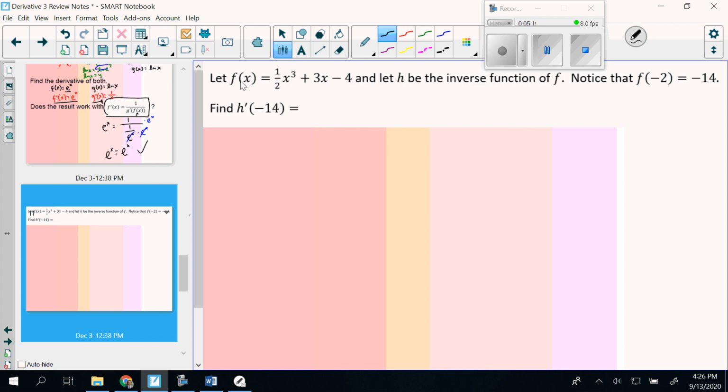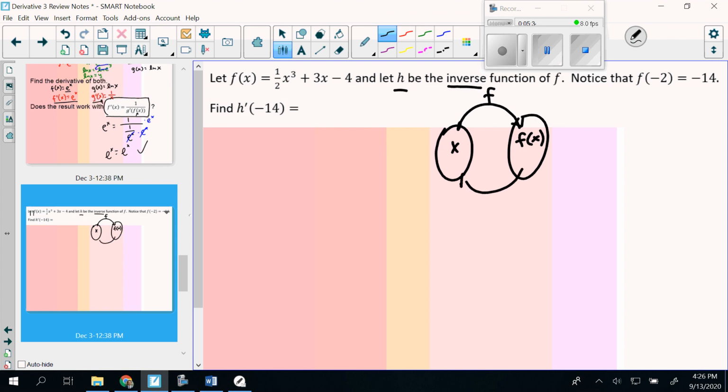Well, from previous problems, we know if we have something here and we use our function, that's going to bring us to f of x. Since h is our inverse here, h then should bring us right back.